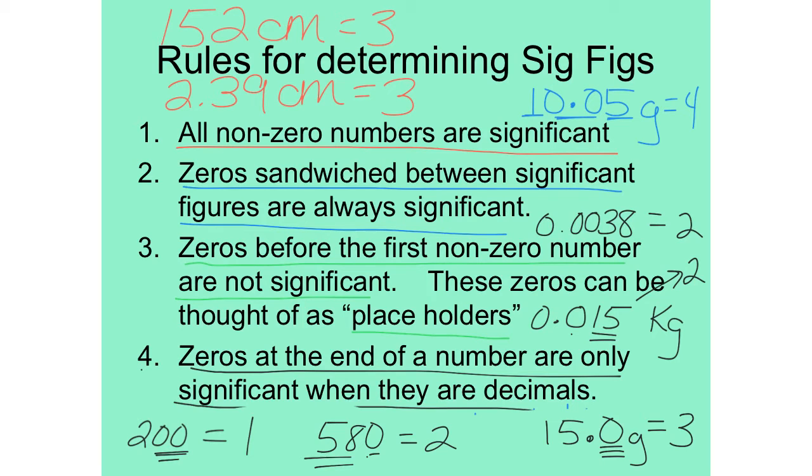So that's going to be 3 significant figures. Another example would be 571.90. Again, that 0 at the end has been added for emphasis, so this would give us 5 significant figures.